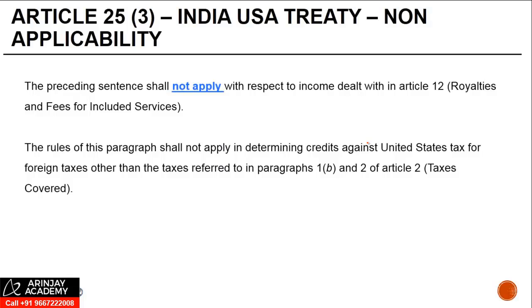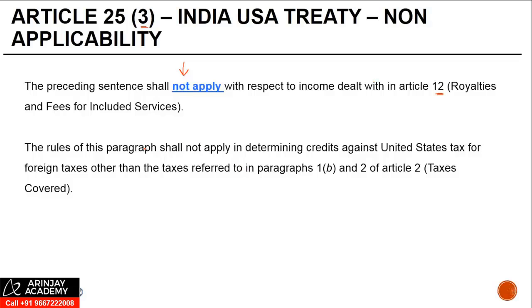Now, the second part of this paragraph 3 reads as under: the preceding sentence shall not apply with respect to income dealt with in Article 12. Article 12 deals with royalty and fees for included services, so that sentence shall not apply.